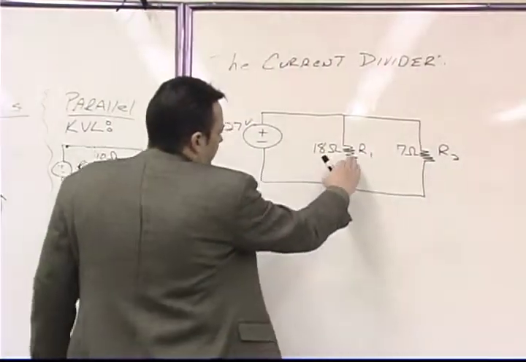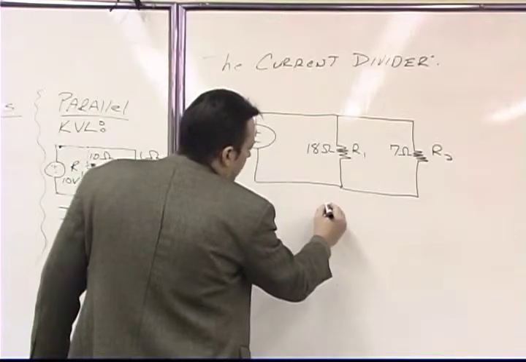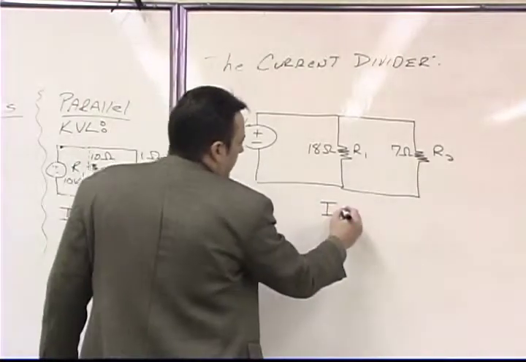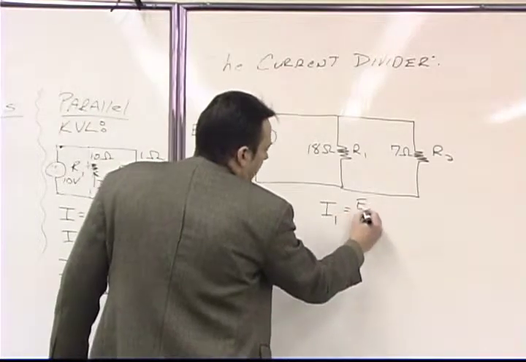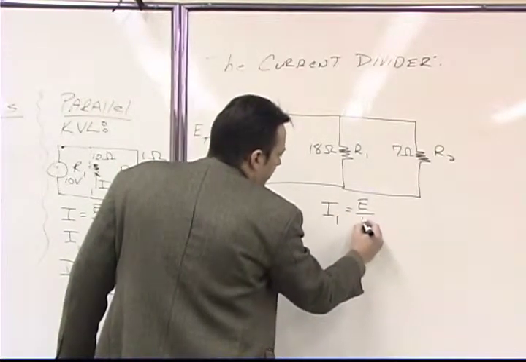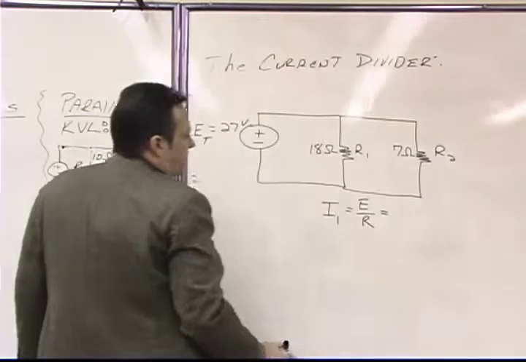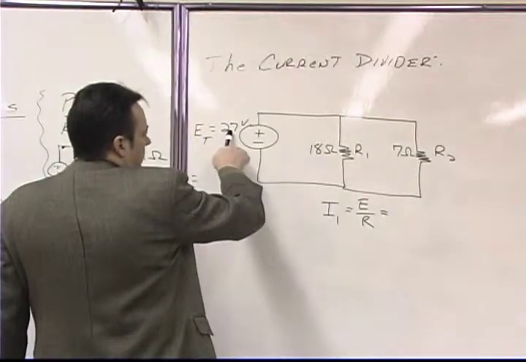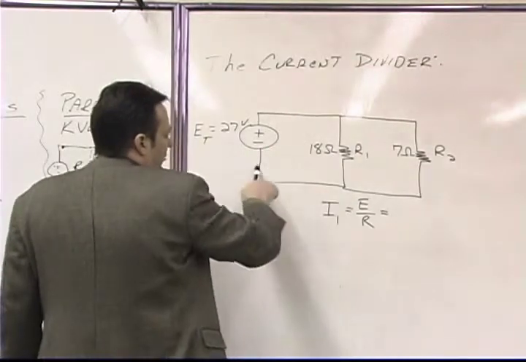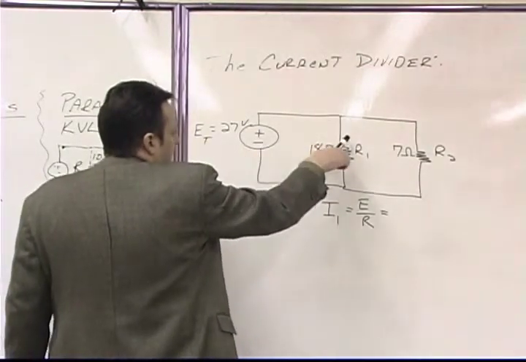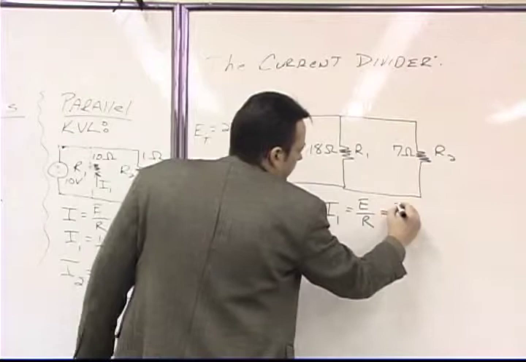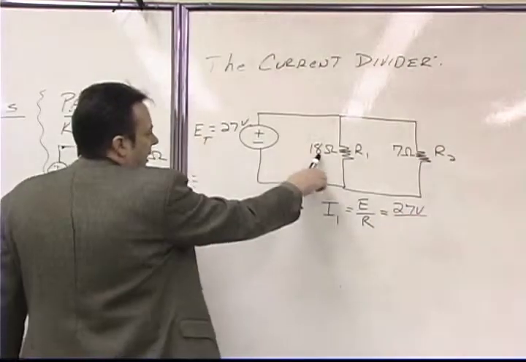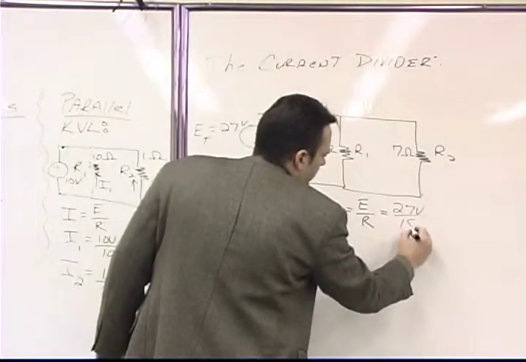Let's say we wanted to immediately calculate the current that's flowing in branch number 1 right here. By Ohm's law it's voltage over resistance, so the voltage on this resistor is what? 27, because this is a closed loop. So this voltage has to be equal to this voltage. This is 27 volts, divided by 18 ohms.